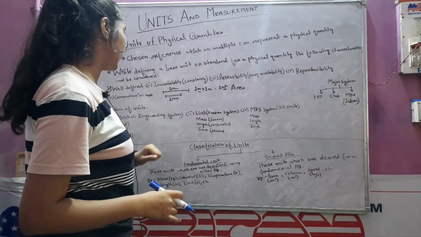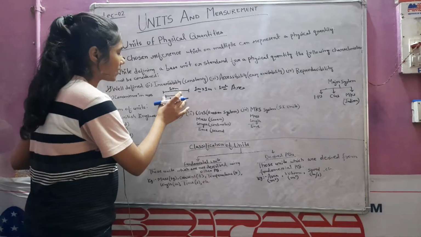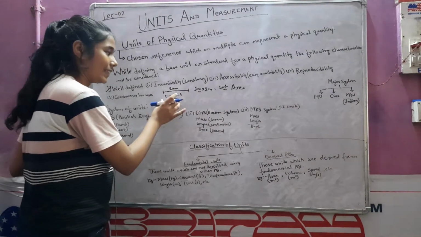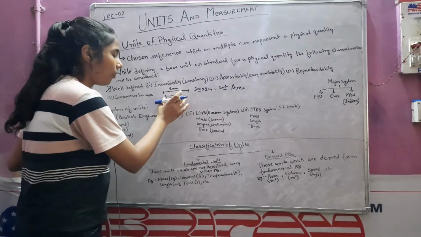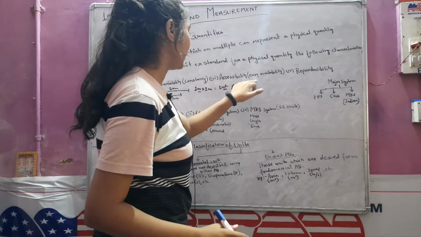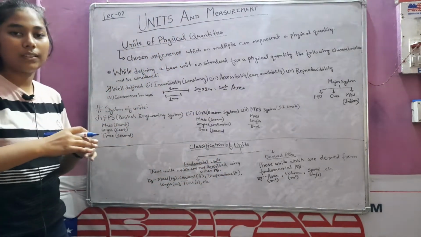Next is invariability. As I said, its reference is fixed. 1 meter means this much, not more than that, not less than that. Third is accessibility. It should be easily available. We measure meter by a ruler.